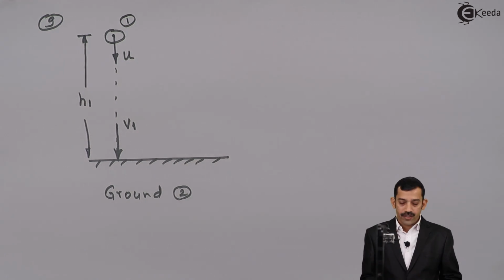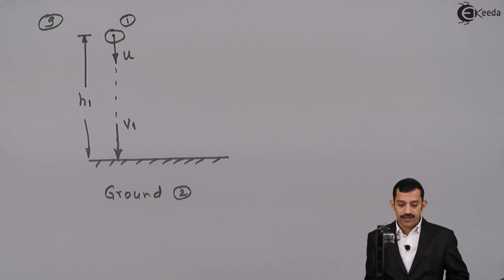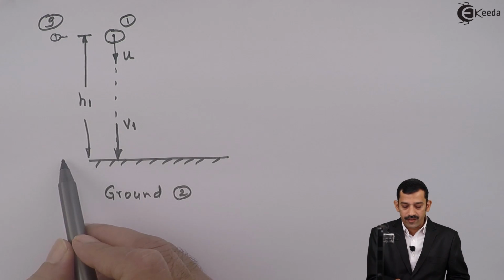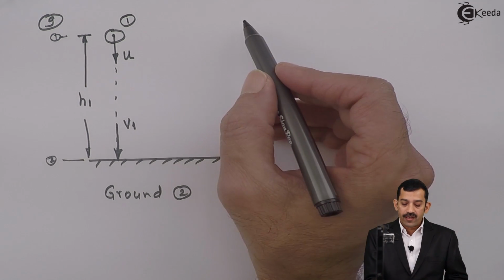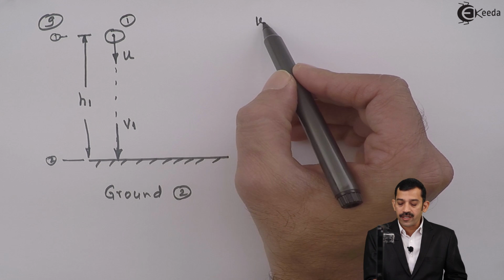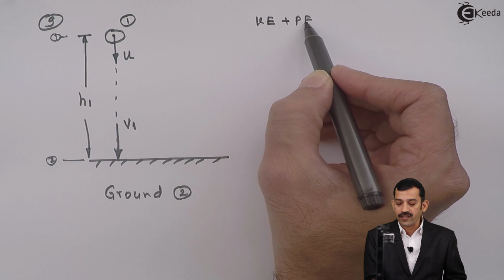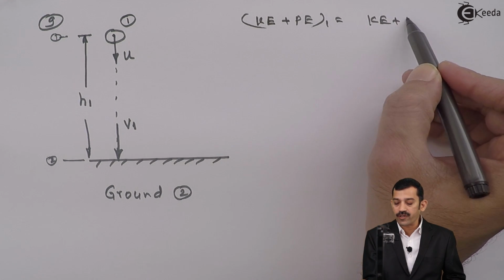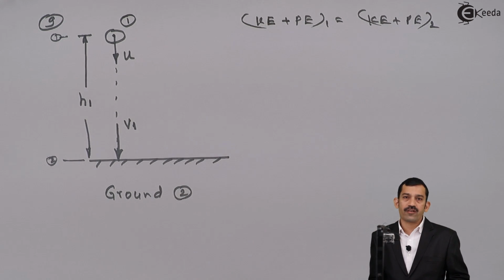As the ball is thrown with some initial velocity u from height h1, applying the law of conservation of energy, say this is position 1 and this is position 2. Kinetic energy plus potential energy at position 1 equals kinetic energy plus potential energy at position 2. Other energies are not involved.